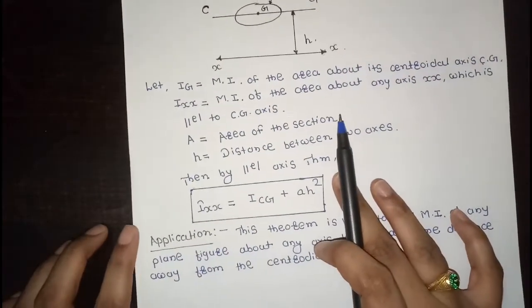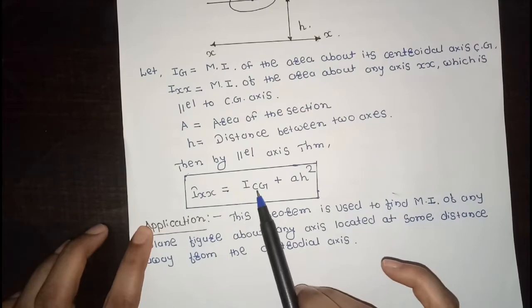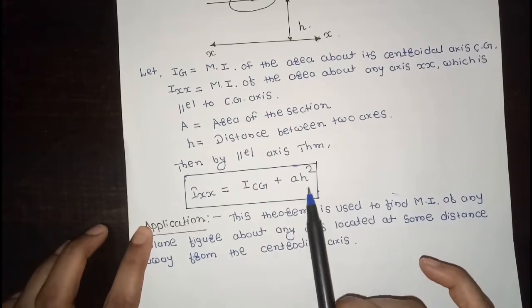It shows that Ixx is equal to Icg plus Ah square.